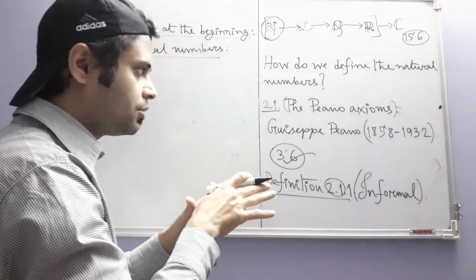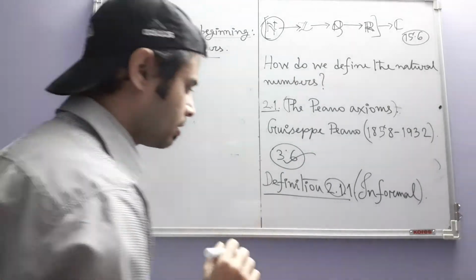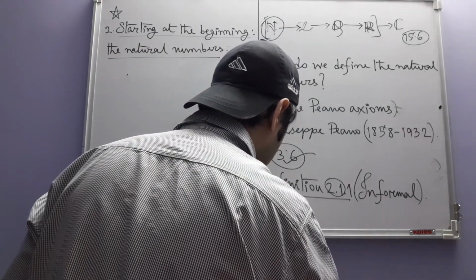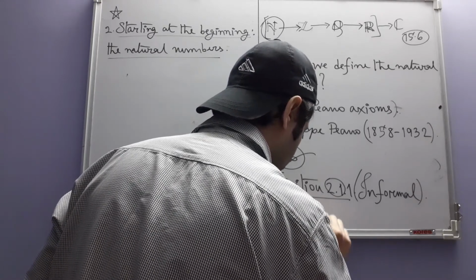So in this definition we are going to try to define the system of natural numbers, or rather a natural number.